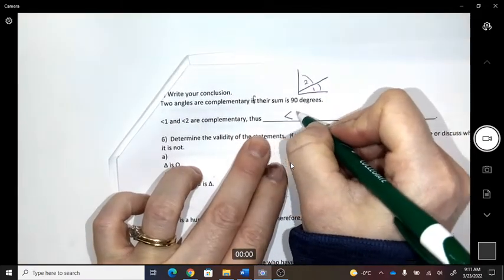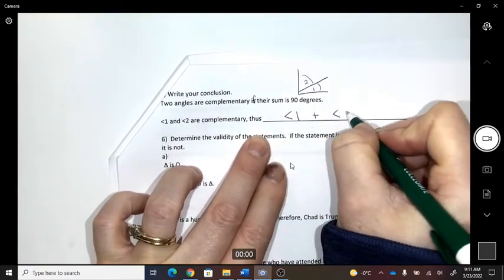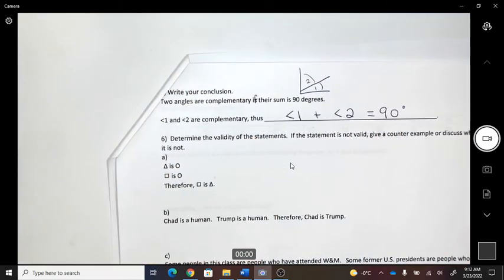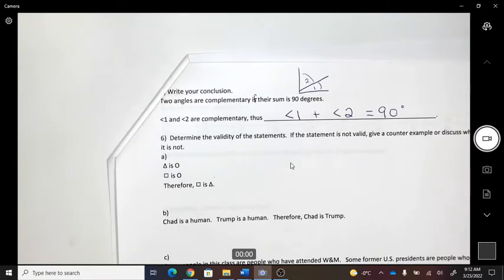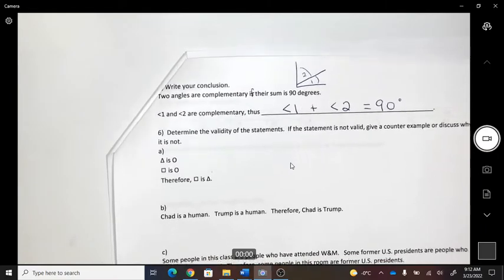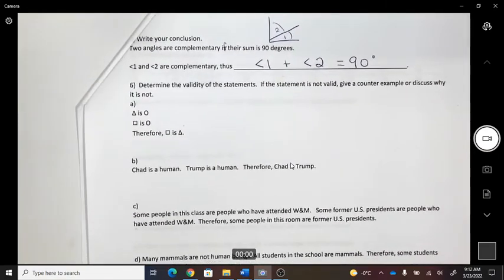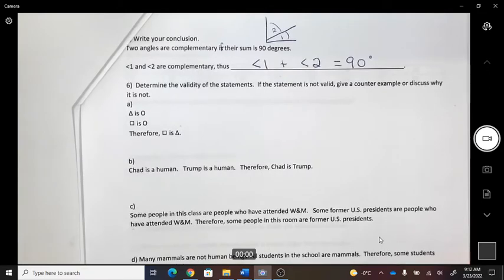Did you say something like angle 1 and angle 2 add up to 90 degrees? That's your conclusion, right? Okay.